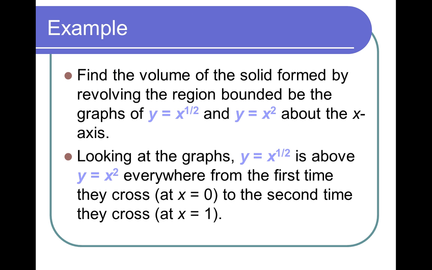So they cross at 0 and they cross at 1, and it looks like root x, or x to the 1/2, is bigger than x squared everywhere between x equals 0 and x equals 1. So my upper boundary, my f of x, is going to be this x to the 1/2, and my lower boundary is going to be my x squared.